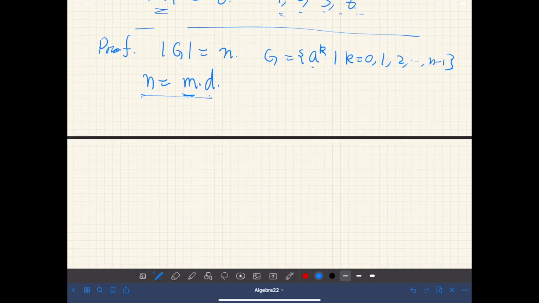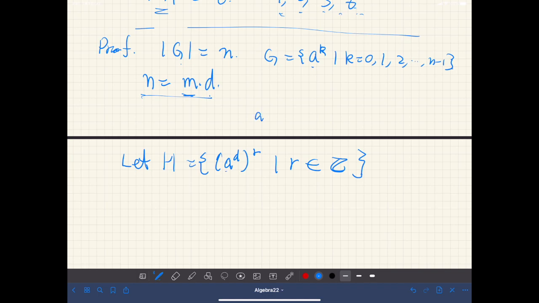Okay, and let H be a subset of G generated by a to the power of d, where r is an integer. So all elements of H are powers of a to the power of d.